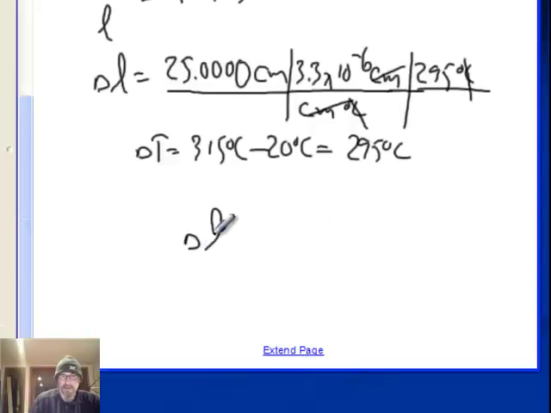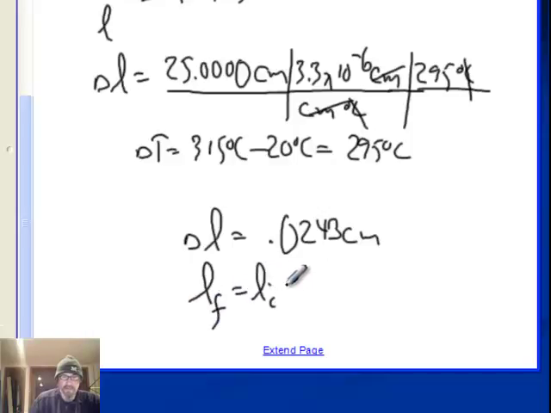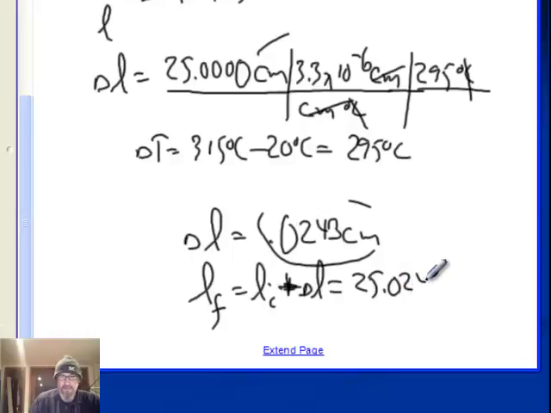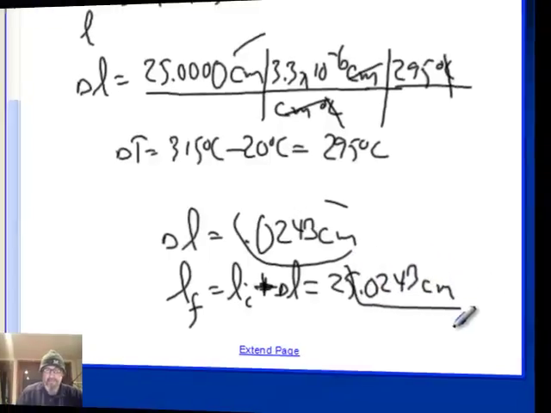And when you calculate this out, you come up with 0.0243 centimeters. So the final length was the initial length plus the change in length. So our initial length was 25, and we changed by this amount, so it's going to be 25.0243 centimeters. That's the final length.